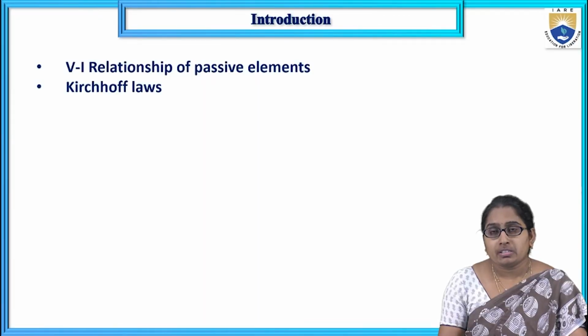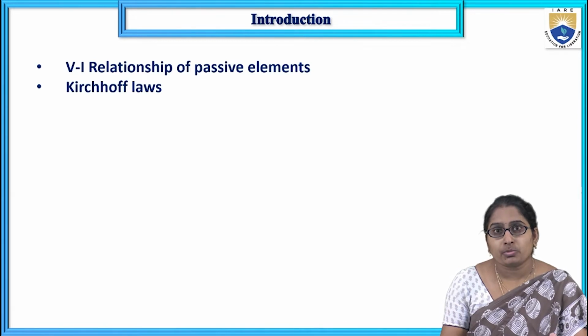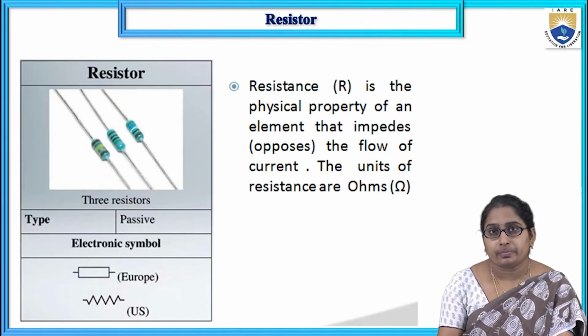Passive elements, as I already discussed in the previous class, means resistance, inductance, and capacitance. For these three elements, we are going to see the VI relationship, that is, the voltage-current relationship.